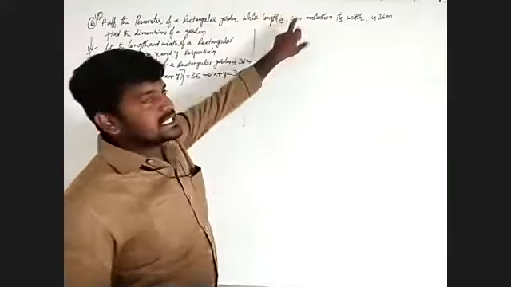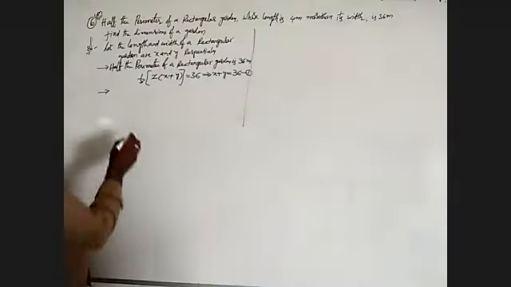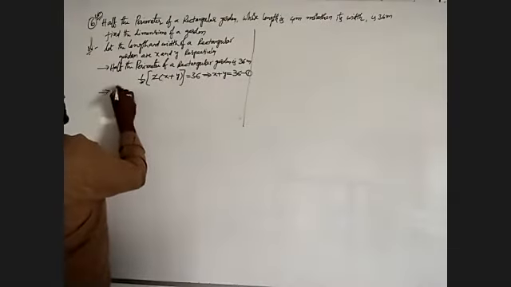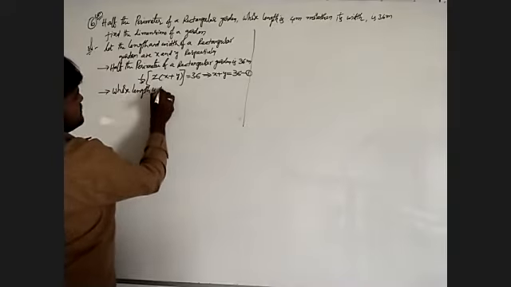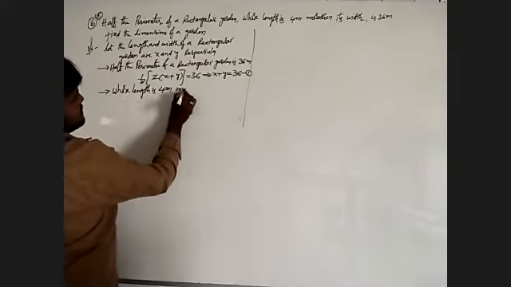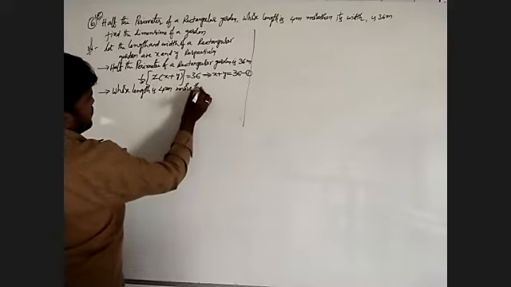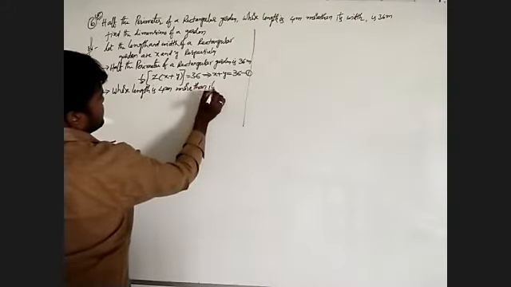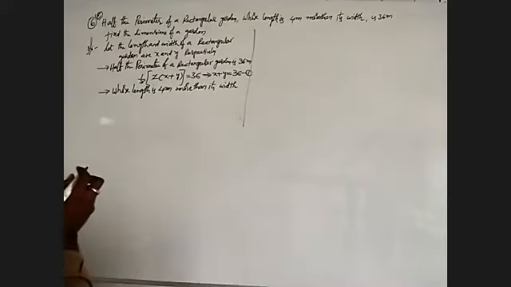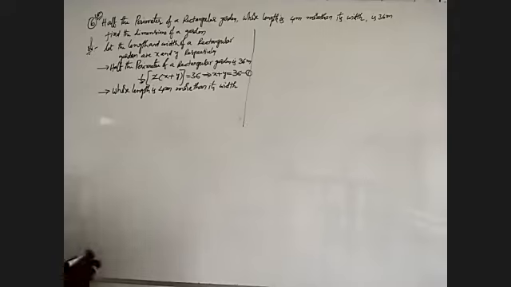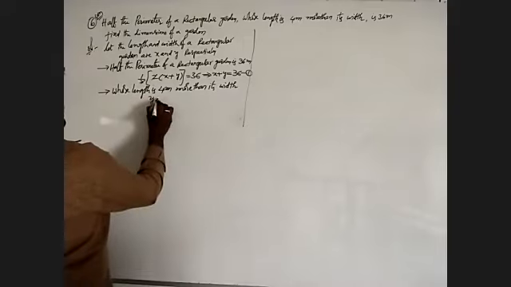The length is 4 meters more than the width. Here the length is x, which is 4 meters more than its width, so we take y equals x plus 4.